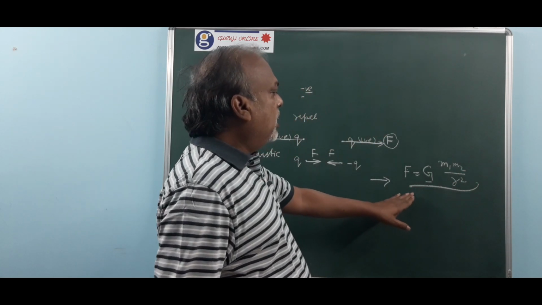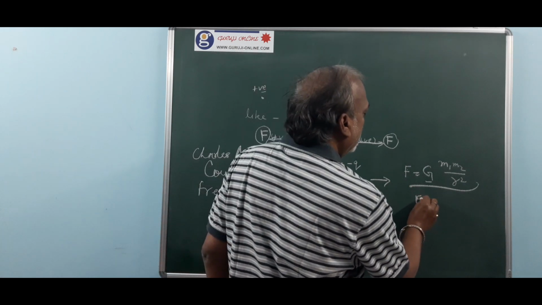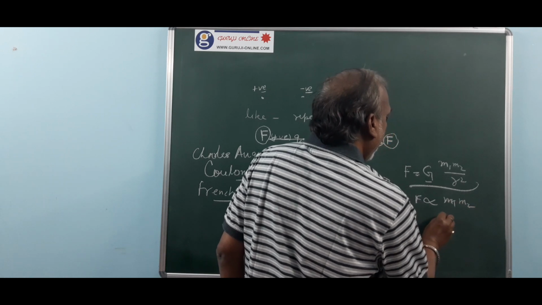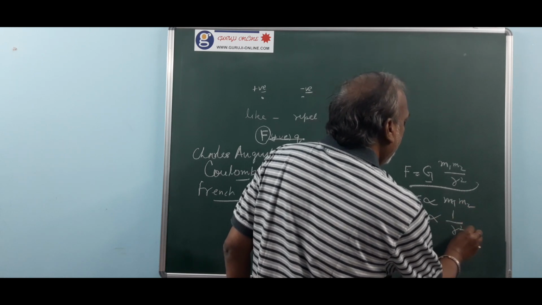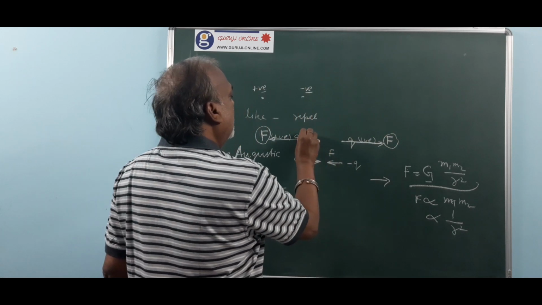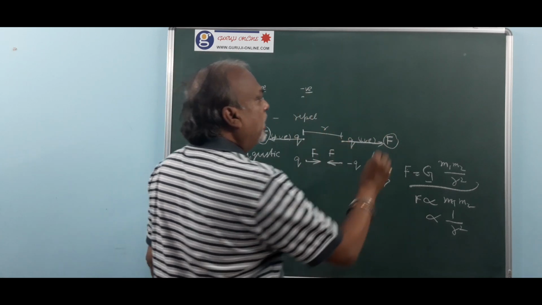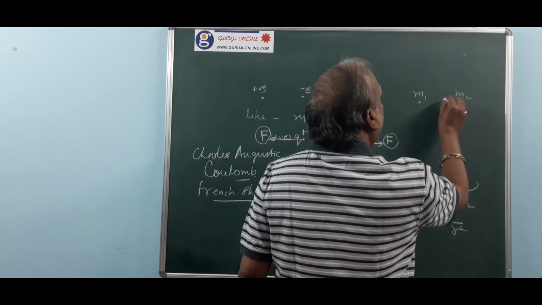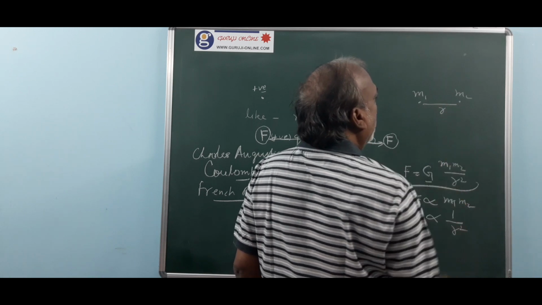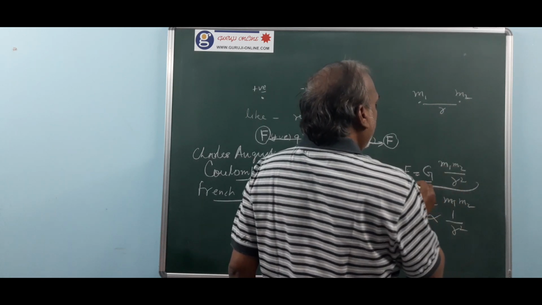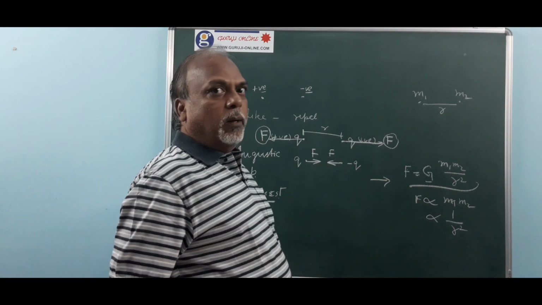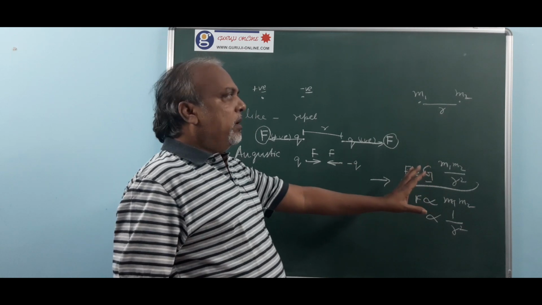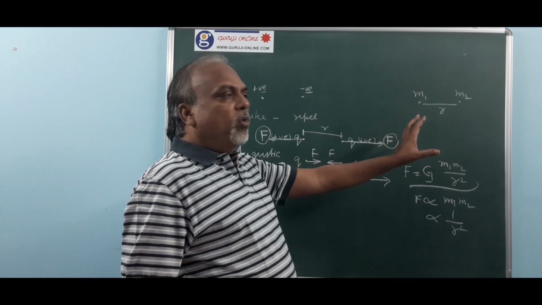In Newton's law, force is proportional to the product of the masses and proportional to 1 by r square, where r is the distance between m1 and m2. Then there will be a force of attraction. But in this, you will find only the force of attraction between any two masses.